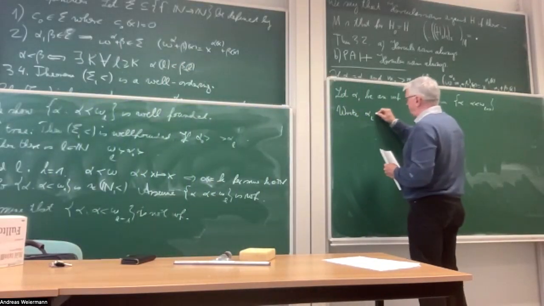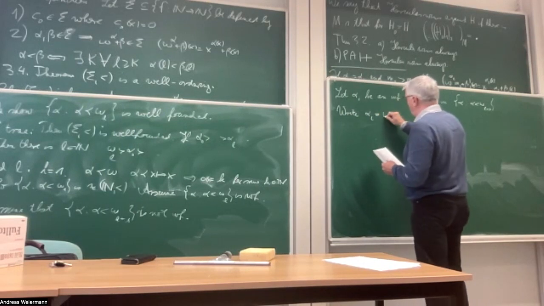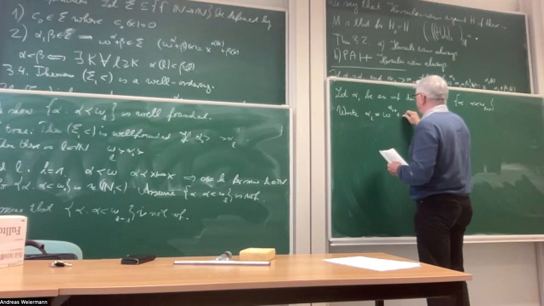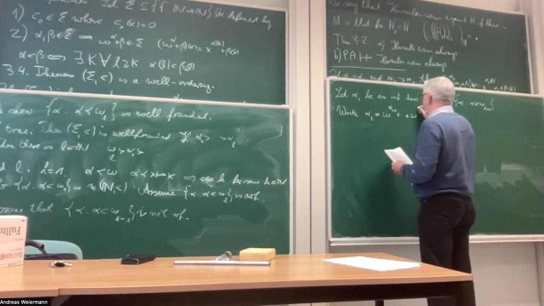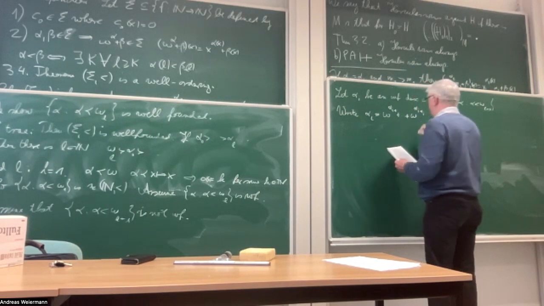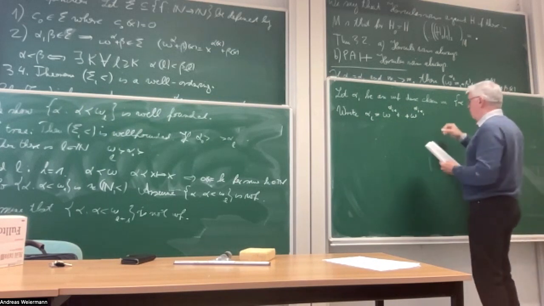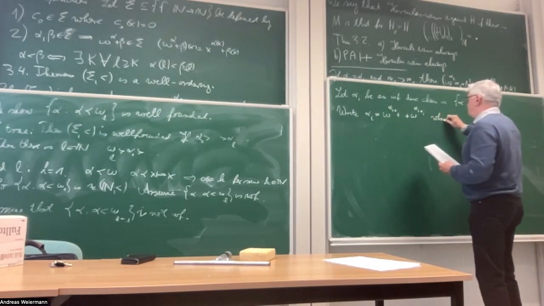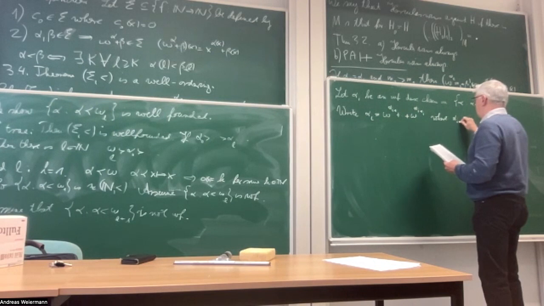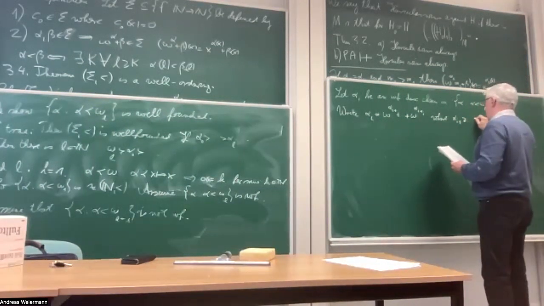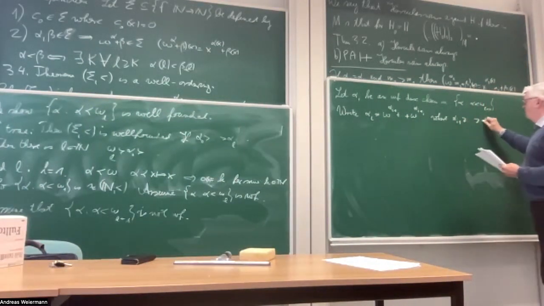So we can write alpha i in the form omega to the alpha i1 plus omega to the alpha i2, up to omega to the alpha i n_i. And now I have linearity, so I can assume that the exponents are ordered, where alpha i1 is at least as big as alpha i2, and so on, at least as big as alpha i n_i.